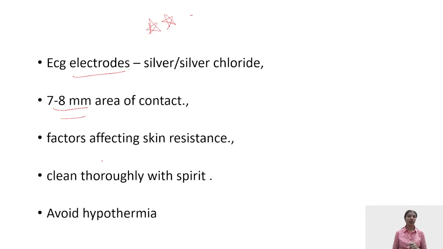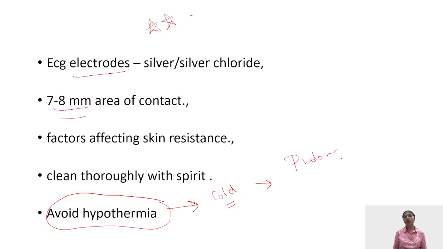And lastly, you have to avoid a very important thing, that is hypothermia, because hypothermia or cold skin is quite resistant for the current to pass. And secondly, hypothermia is one of the very important reasons which leads to prolongation of the effect of your neuromuscular blockers. So we have to avoid it.